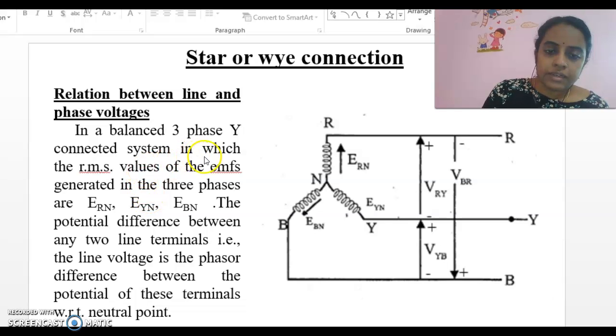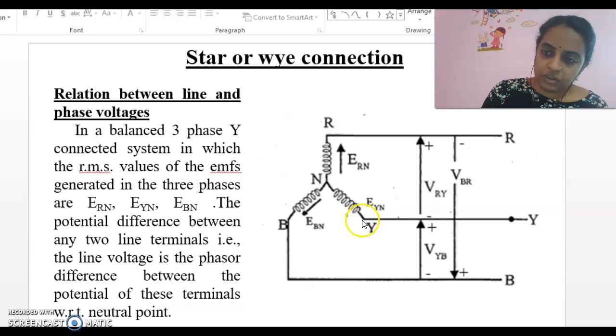Here, in a balanced three-phase star-connected system, RMS values of EMF generated in the three phases are ERN, EYN and EBN. ERN means the voltage between R phase and neutral.